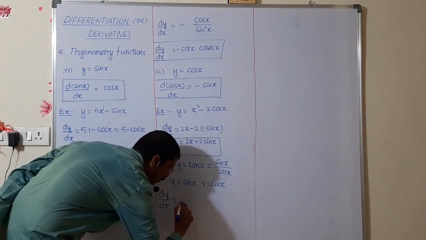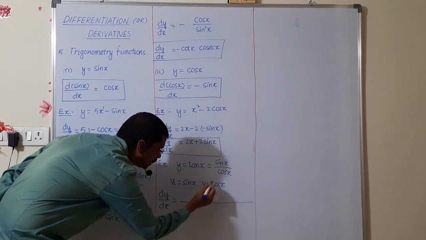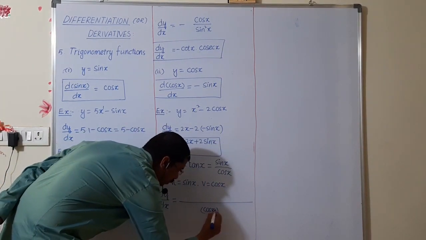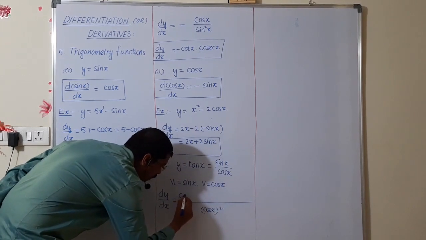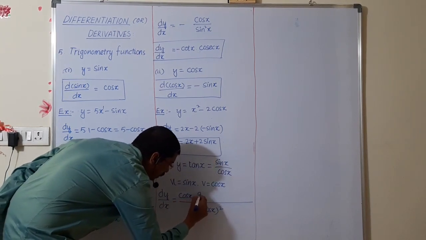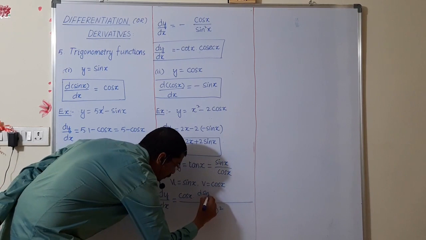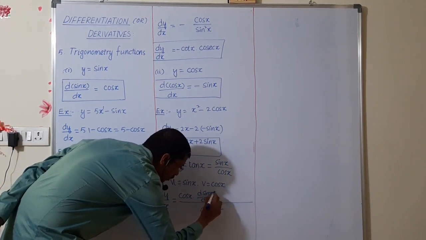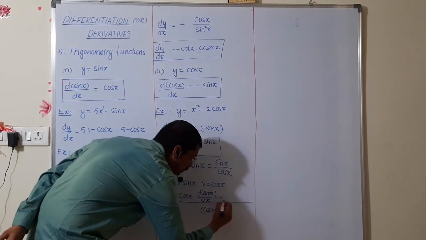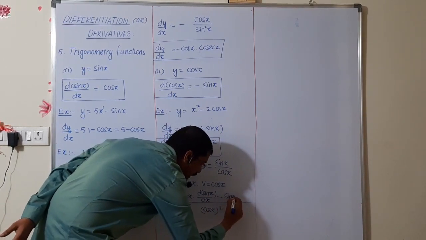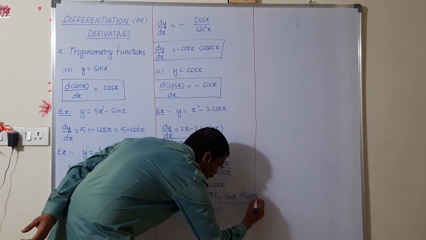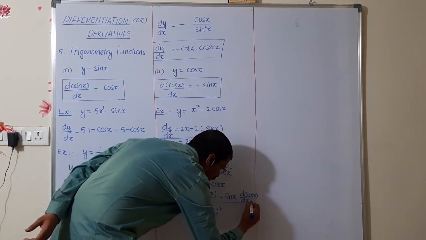What is that? v square, which is nothing but cos x whole square. Now keep cos x constant, the derivative of sin x upon dx, minus the constant sin x and d of cos x upon dx.